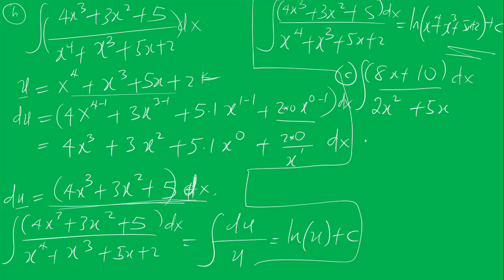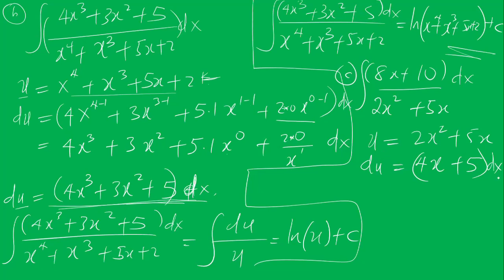Now let u be equal to 2x to power 2 plus 5x. Differentiating u, you have 4x plus 5 dx.